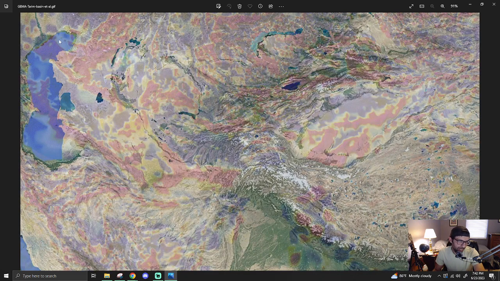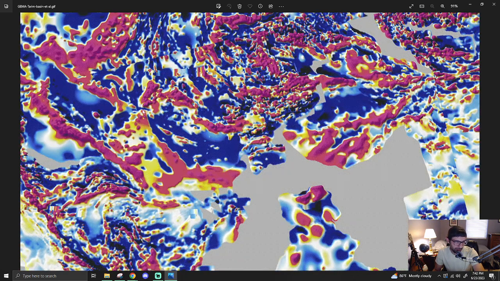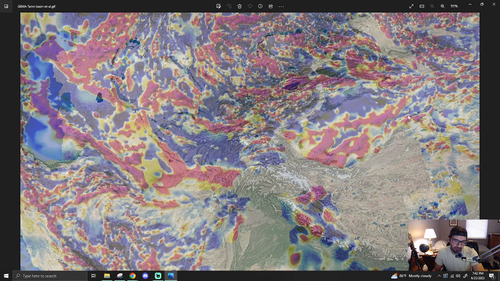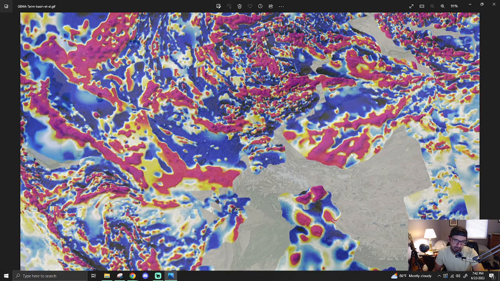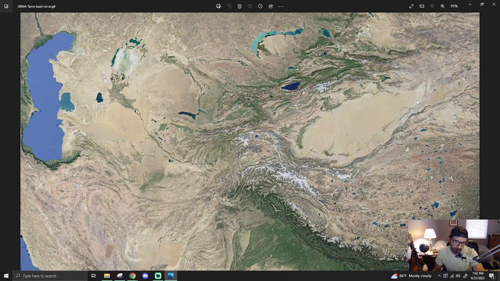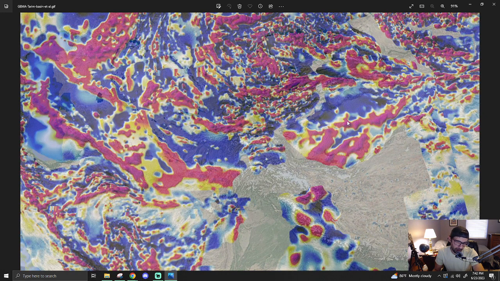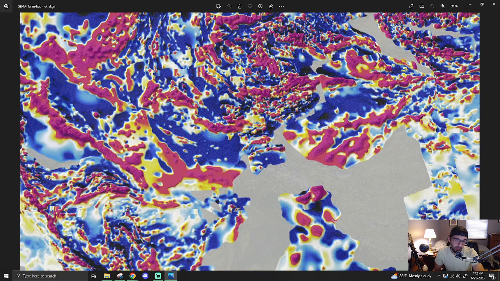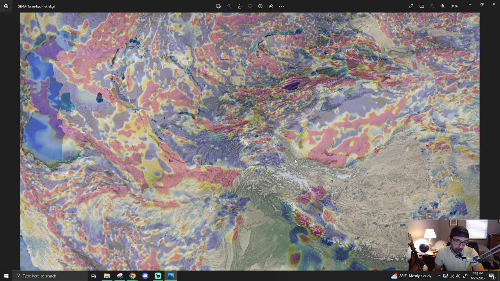Okay, so then let's keep going. That's going on over there. So we got that pretty good here. Let's find something. Tarim Basin. Here is Tarim Basin, and as we see, this side of it is filled with dense, compacted material.